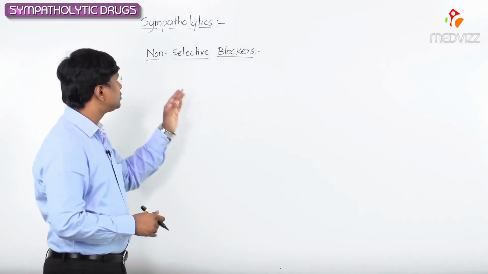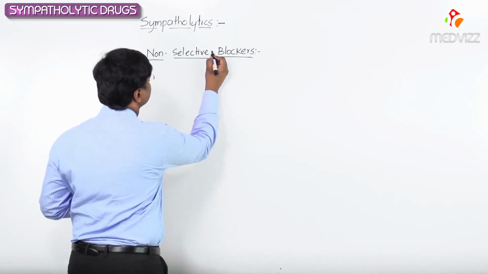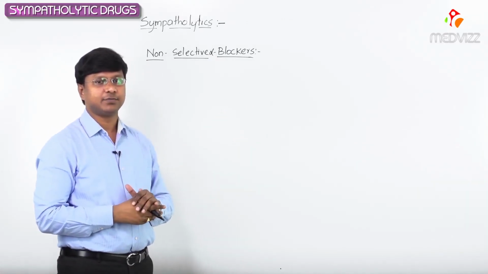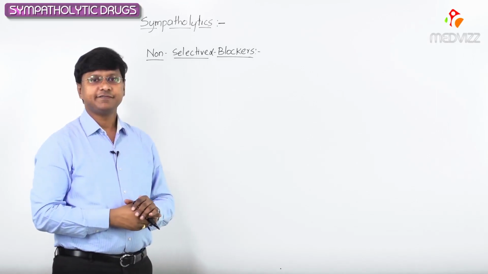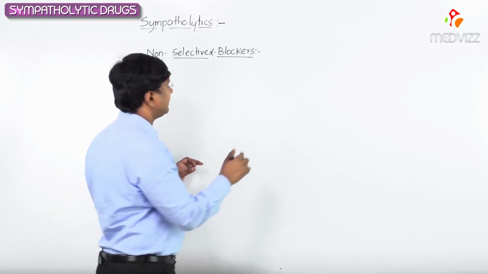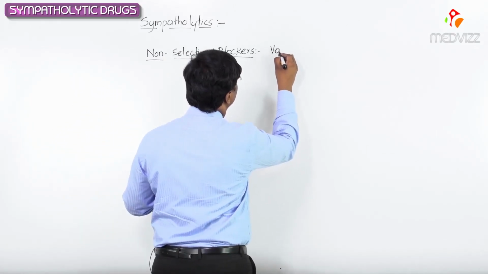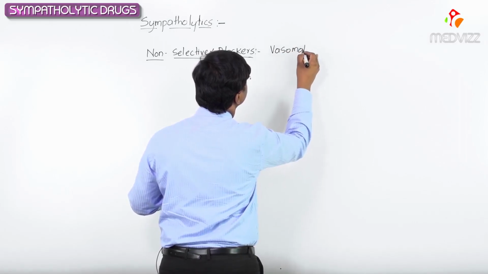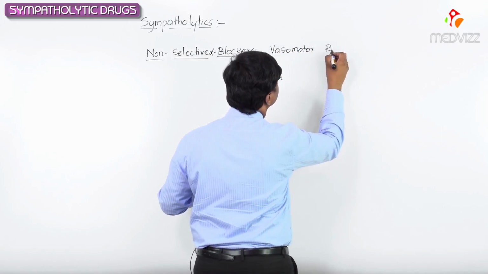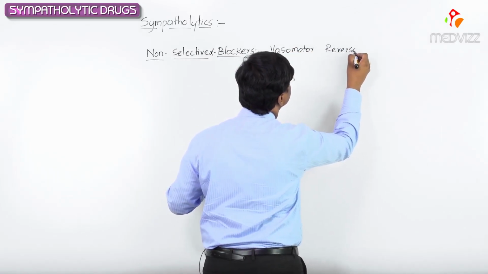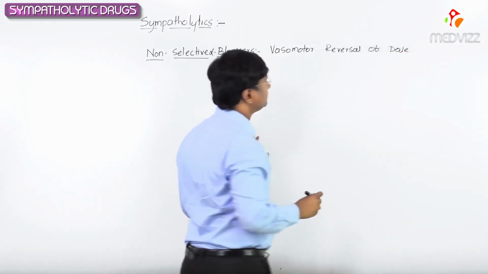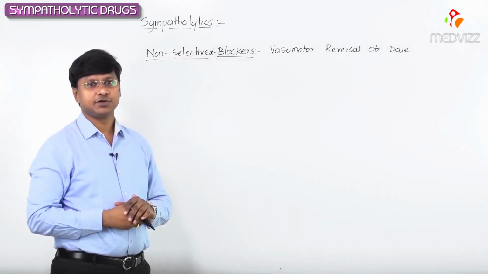Now, with the usage of non-selective alpha blockers, there is a phenomenon called vasomotor reversal of Dale. Now, when does this vasomotor reversal of Dale occur?